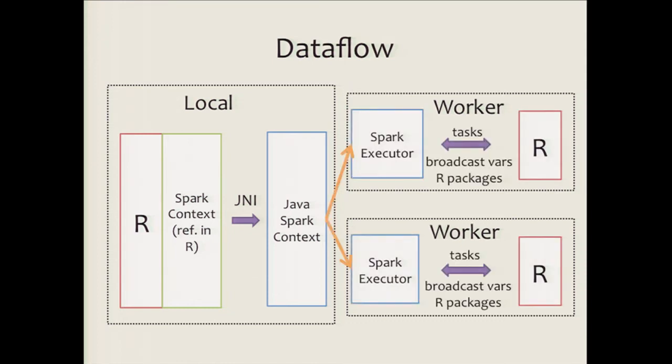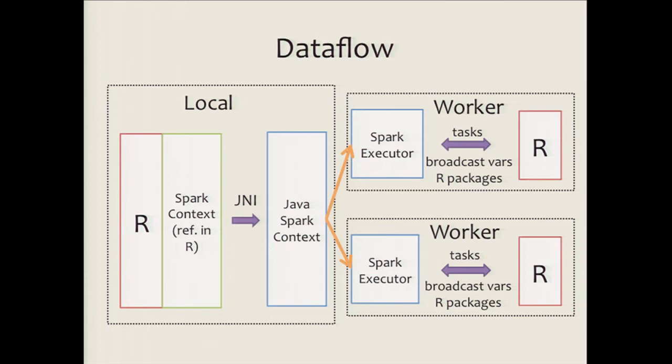When you actually trigger an action, this Java Spark context will initialize Spark executor processes on each of the worker machines. When the computation arrives, the Spark executor forks off a new R worker process locally, so you can see one R worker process for each Spark executor.